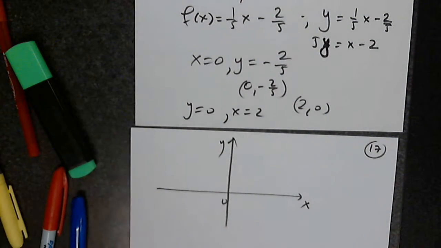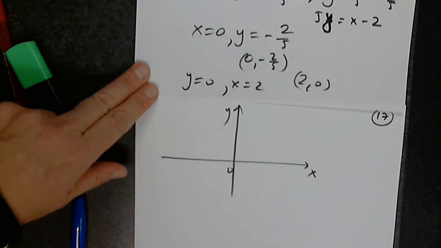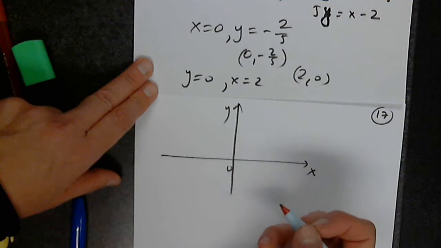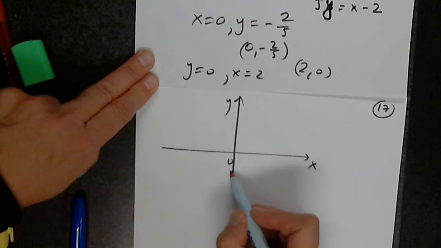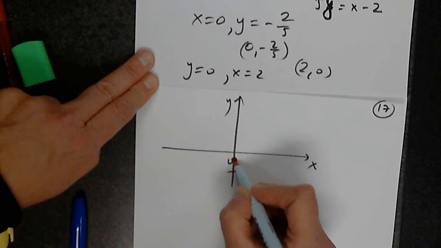Good. So can anyone dictate? I know I see them right in front of me, but I just want to make sure we know what we are plotting. What are we plotting now? I'm going to plot in red. 0, -2/5, which is -0.4, right? If this is, I'm going to take a big unit. If this is -1, -0.4 will be somewhere here.